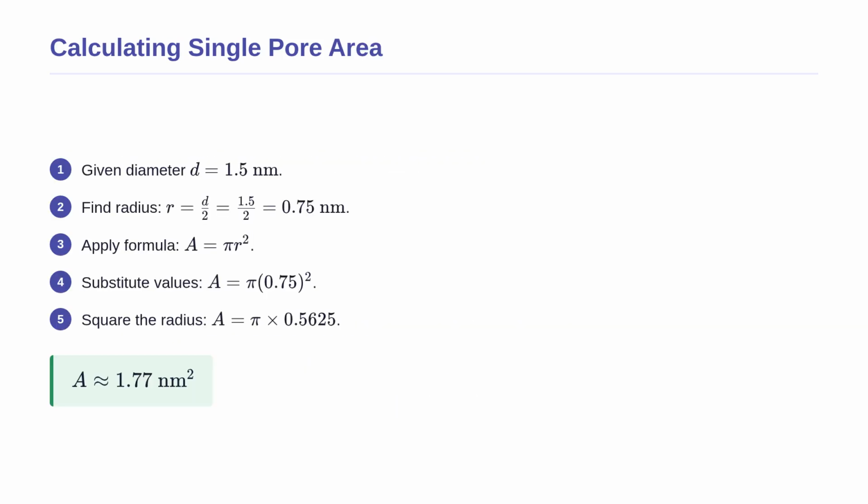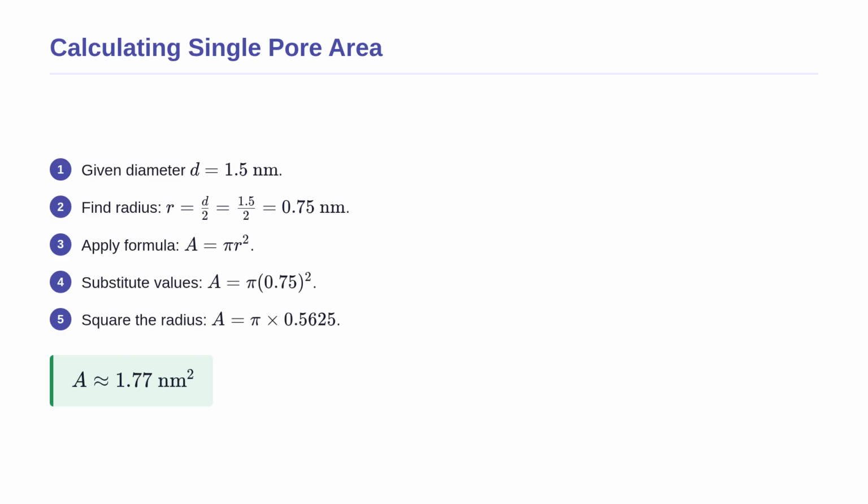Let us put this formula to work with a practical example. Suppose a researcher measures the diameter of a fully open gap junction pore to be 1.5 nanometers. We want to find its cross-sectional area. First, we must find the radius by dividing the given diameter by 2. 1.5 divided by 2 gives us a working radius of 0.75 nanometers.